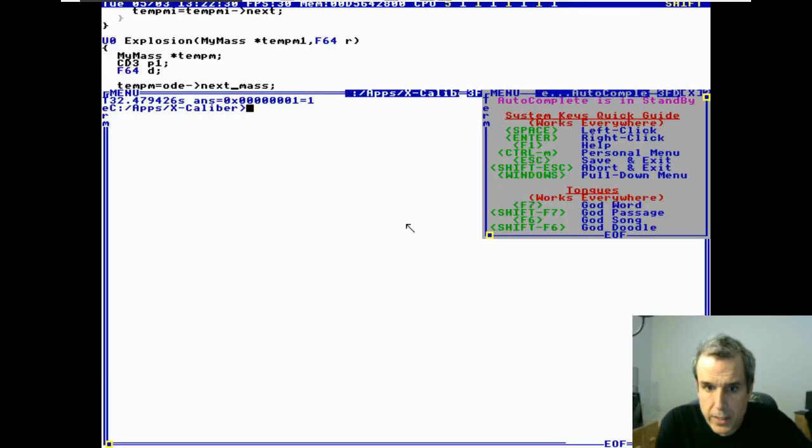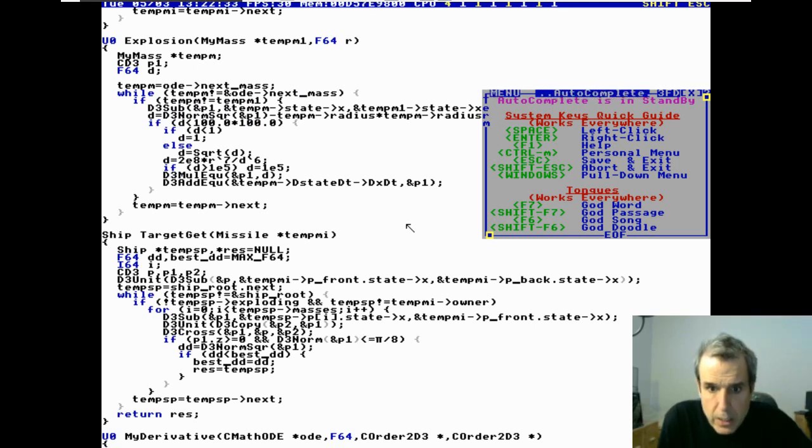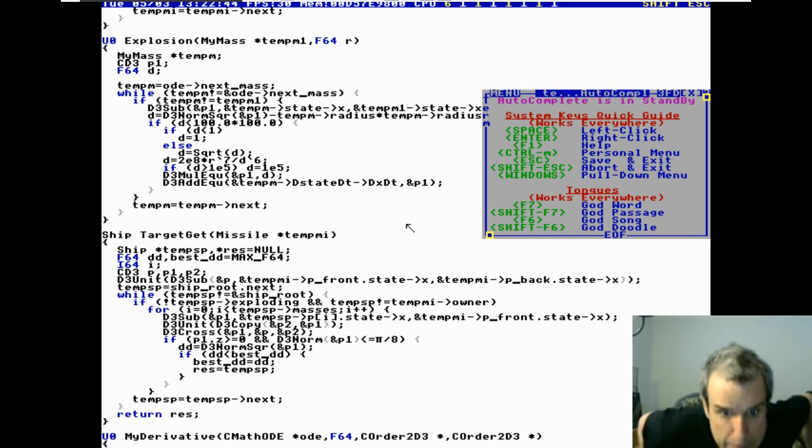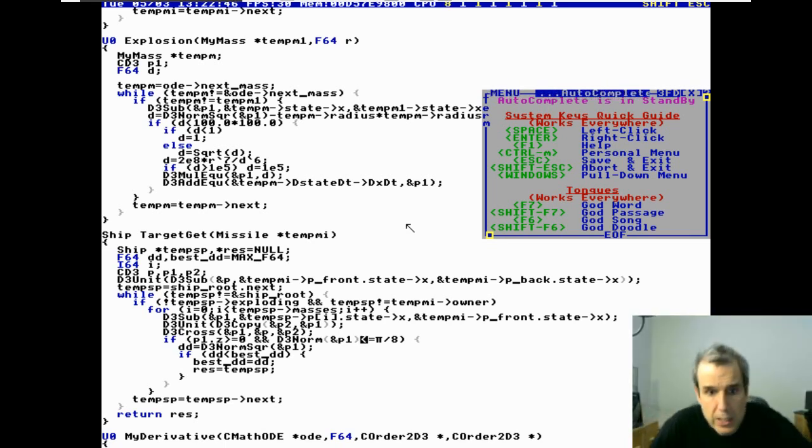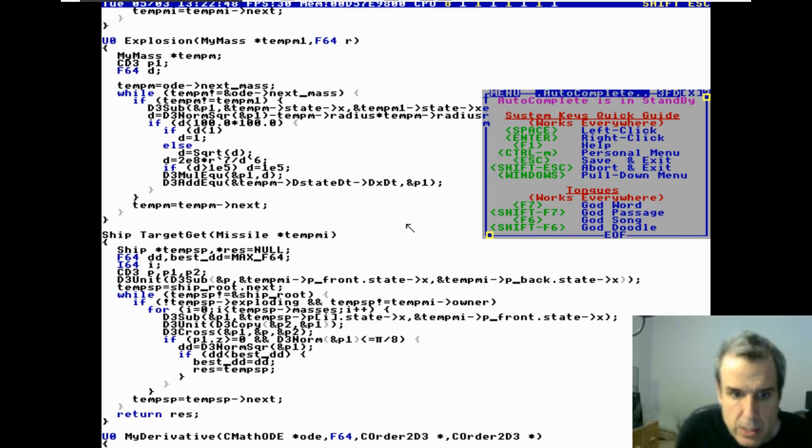Why is it targeting the back? There could be. Do we have a bug? Okay.